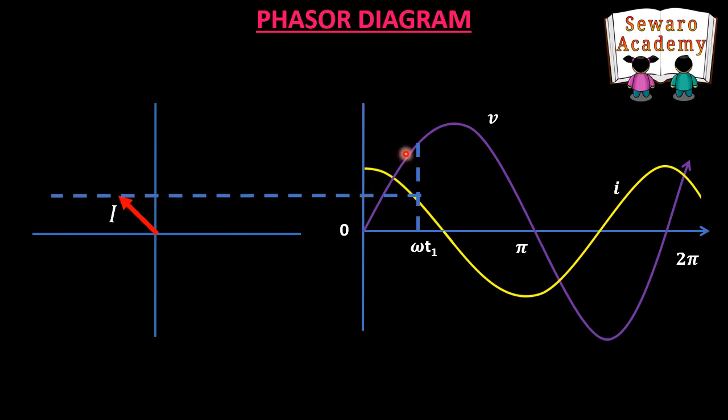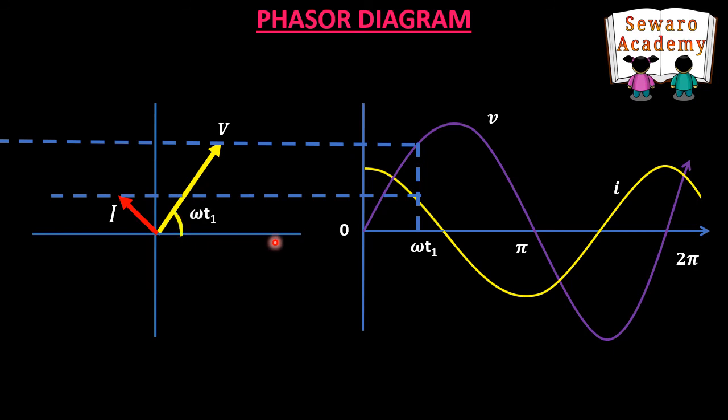For that we need to draw a horizontal line from this point, and then keeping angle 90 degree, we draw a phasor V, and the angle that the voltage makes with this line is omega t1.